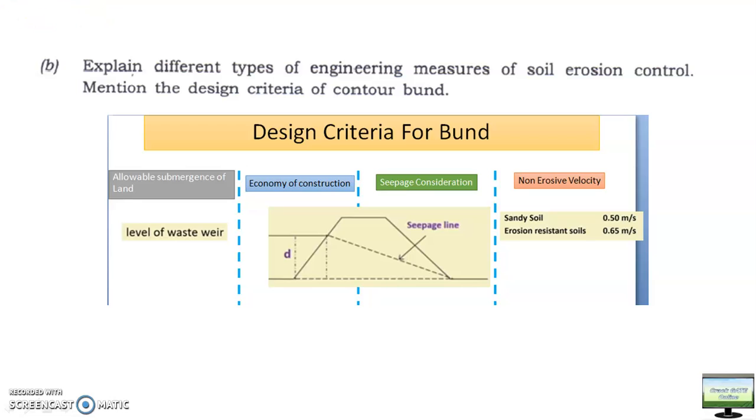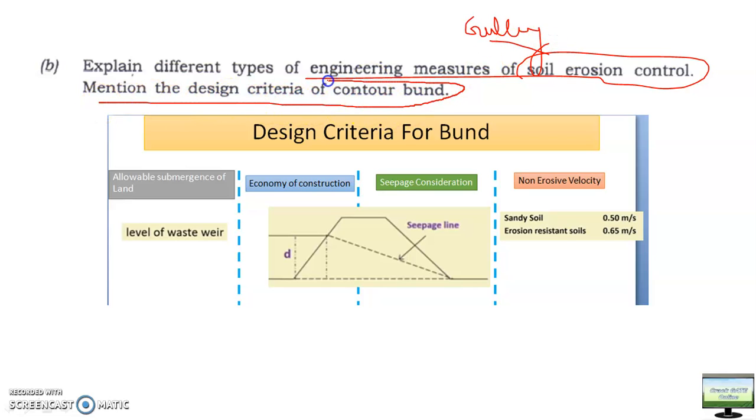So here one question you see. It is showing, explain different types of engineering measures of soil erosion control. So that is the gully control structure, rill control structure, whatever you have read in your basics, that will come here. The second part is design criteria for the contour bund. Is contour bund a soil erosion control instrument? Yes, so it will also come here.